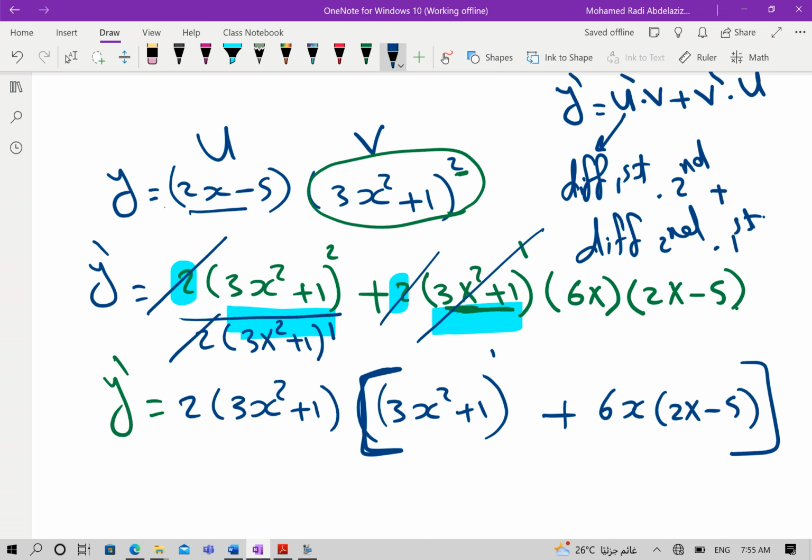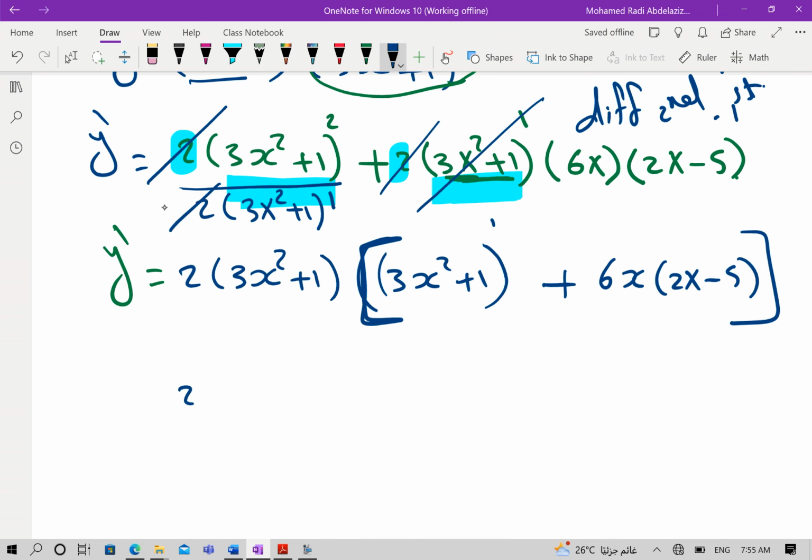You can simplify more. 2 times 3x squared plus 1 times, if you expand, will be 12x squared minus 6x times 5, which is 30x.